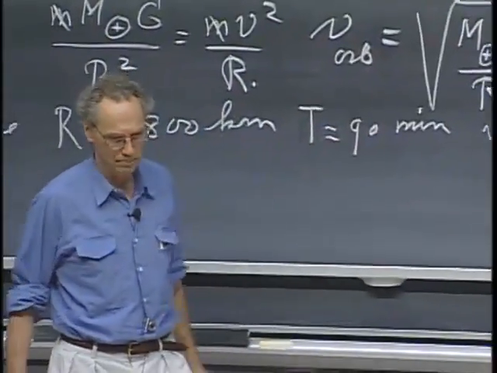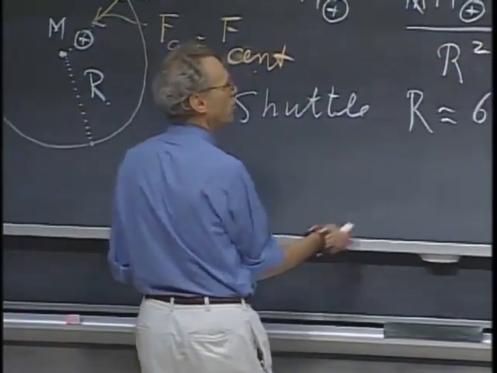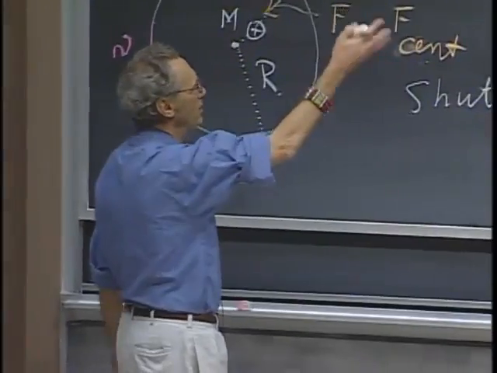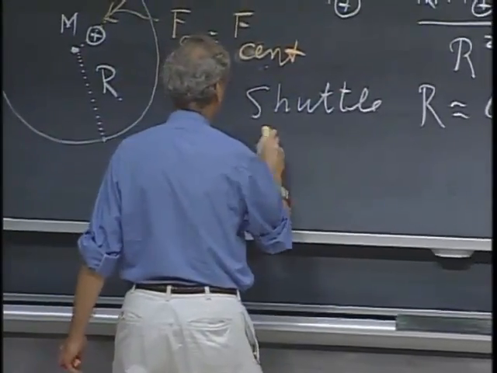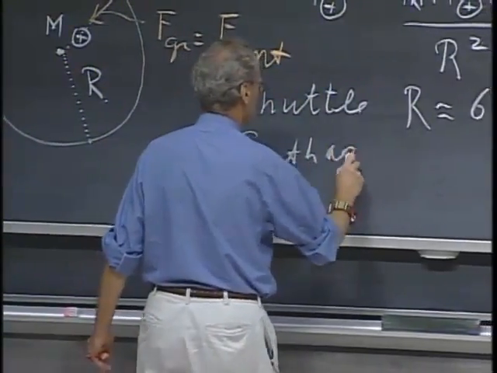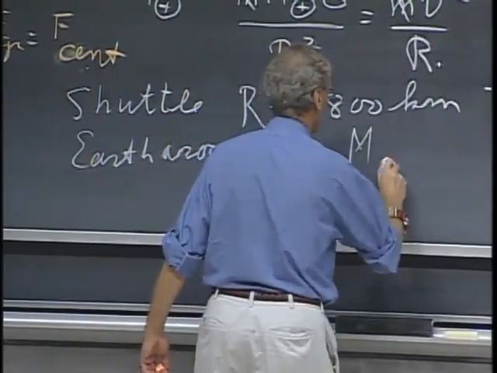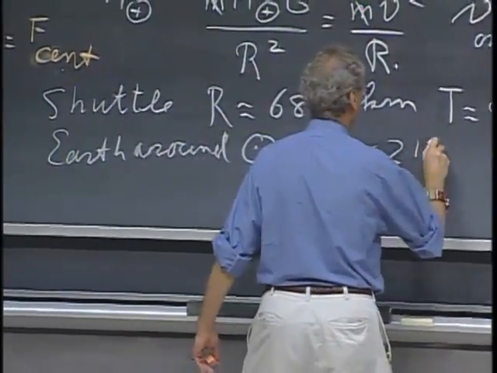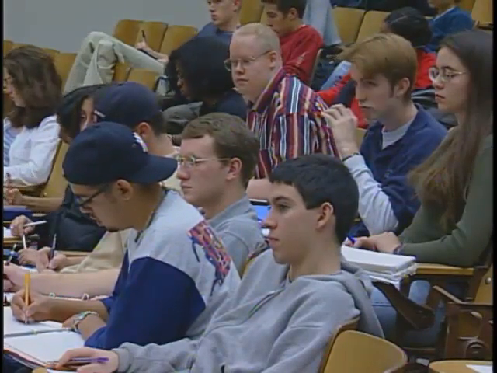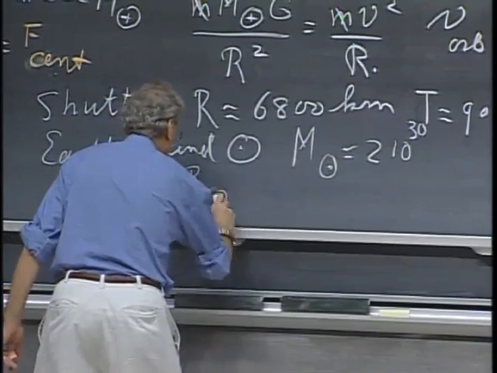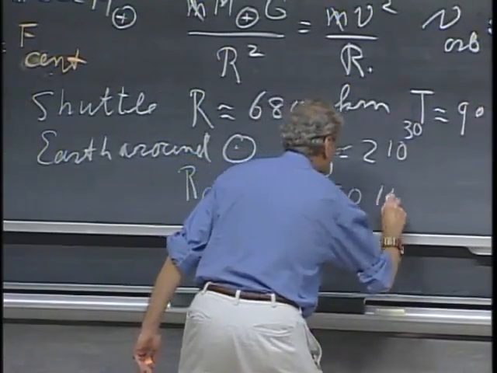If you take the Earth itself around the sun, we can use all these equations, replace the mass of the Earth by the mass of the sun, and then we can do this for planets. So if we take the Earth around the sun, then we have to put in the mass of the sun, which is about 2 times 10 to the 30 kilograms. And the distance from the sun to the Earth is about 150 million kilometers.